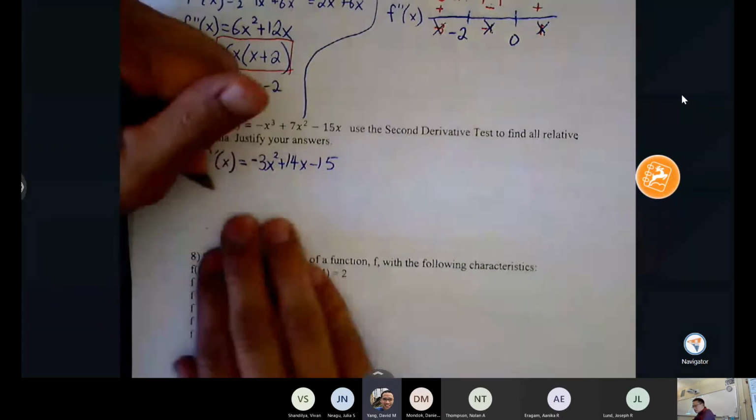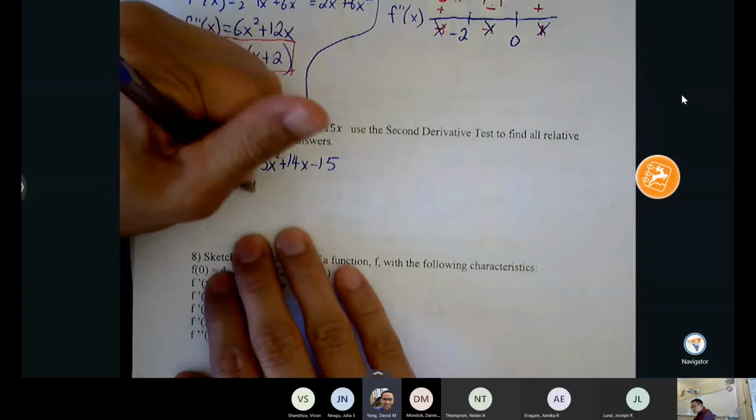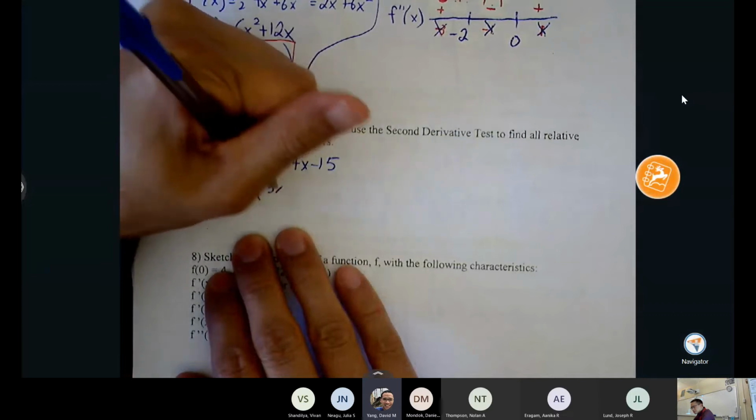I want to factor this. I like to factor with my first term being positive, so I'm going to take out a -1.